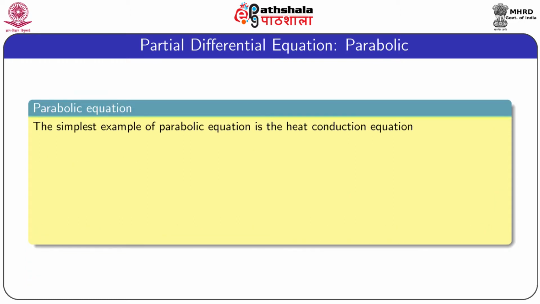Now, we consider the parabolic equation. The simplest example of a parabolic equation is the heat conduction equation, which is of the form written in equation 5, that means del u del t equal to alpha times del 2 u del x2, where alpha is a parameter, t represents time and x represents the space variable or length along the conducting space.